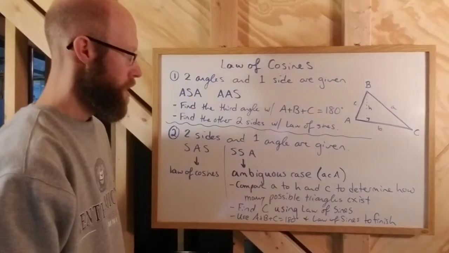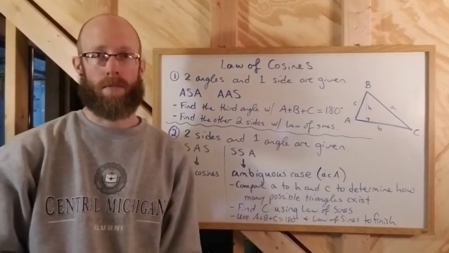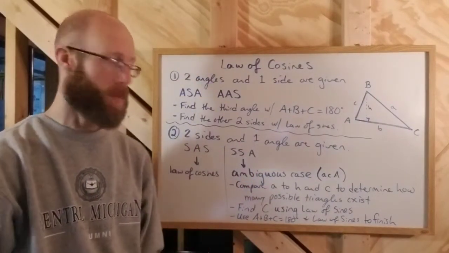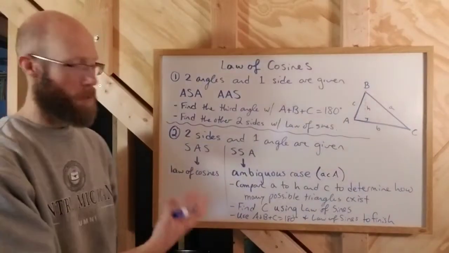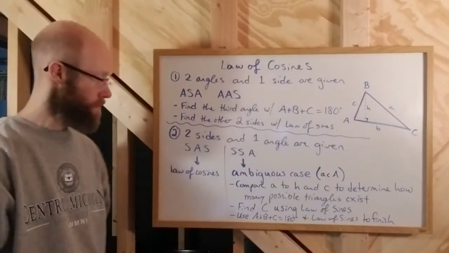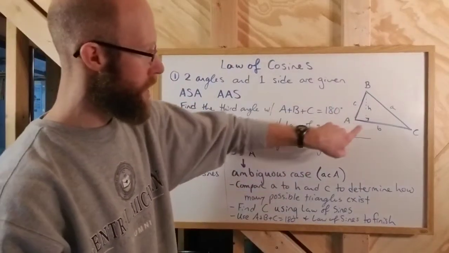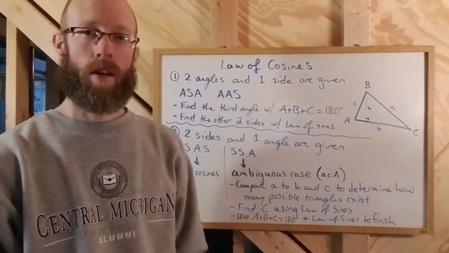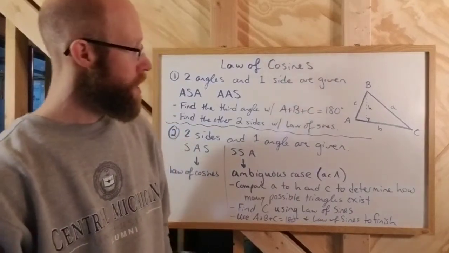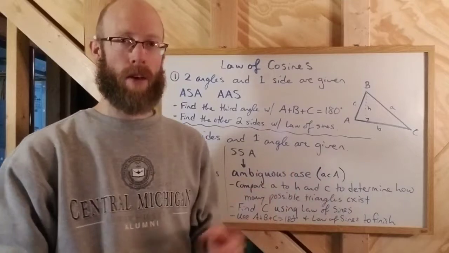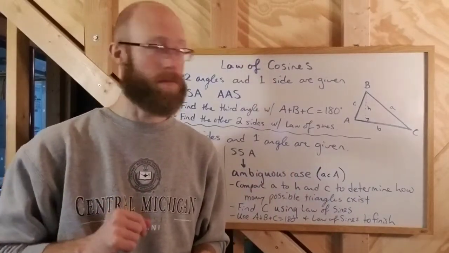All right? That's really the hardest case, in my opinion, the one where you have the side-side-angle situation, because there are so many possible outcomes. Now, we look at the law of cosines, where you have two sides and the included angle. Well, that one's a little bit easier. The problem is you can't use the law of sines right away because you don't have any one ratio filled in.